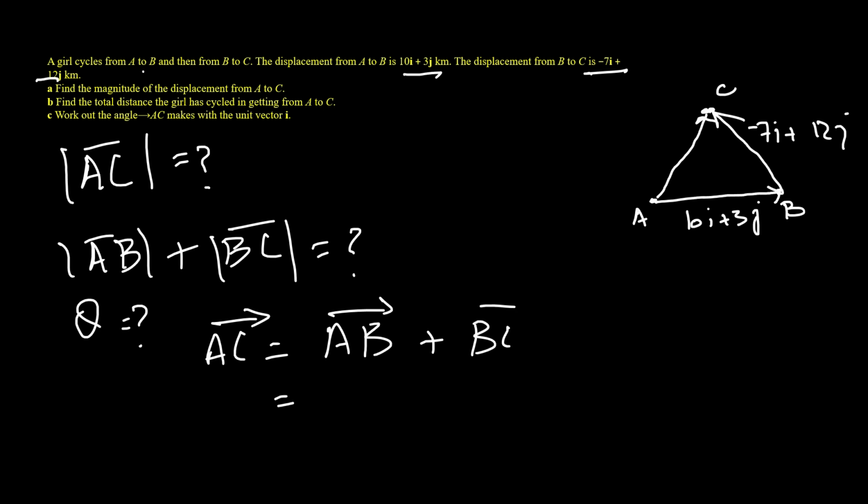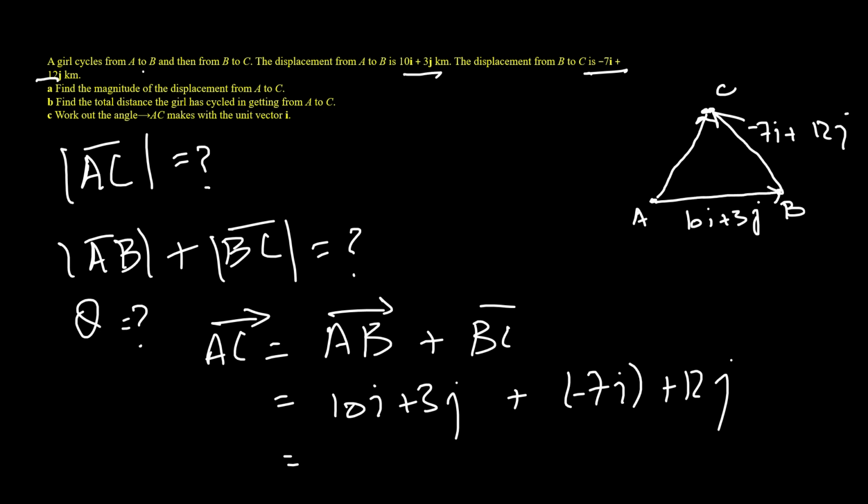So it's 10i plus 3j, this is vector AB, plus minus 7i plus 12j. So it will be equal to 10 minus 7 is 3i, plus 3j plus 12j.